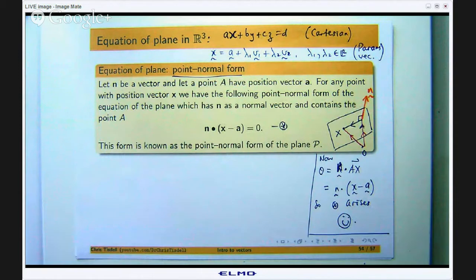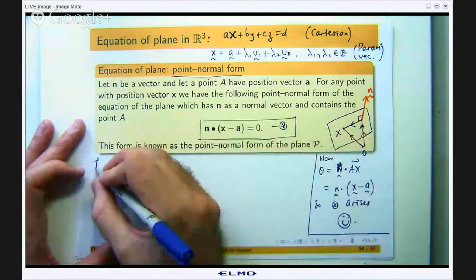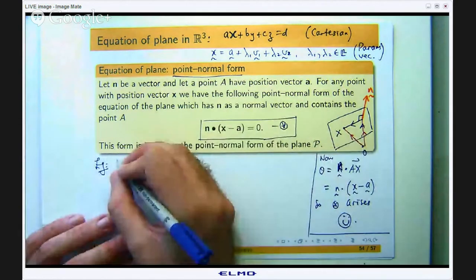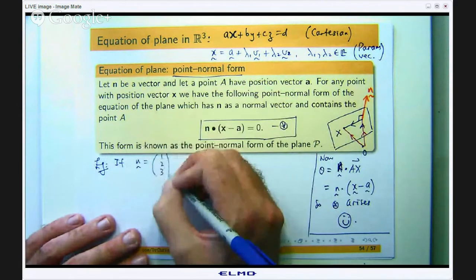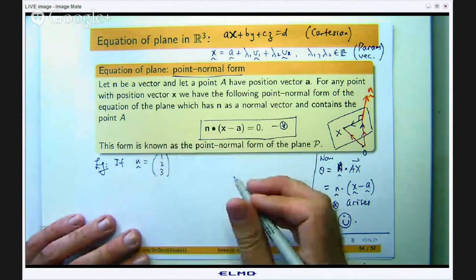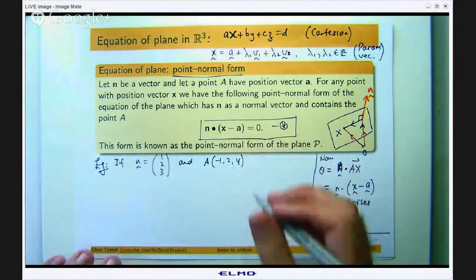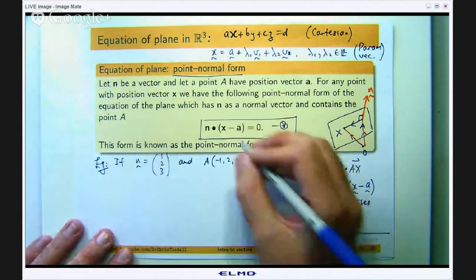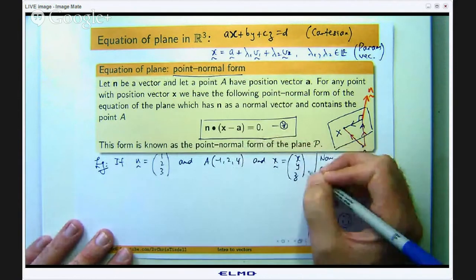All right. Well, let me give you a quick example of this Point-Normal form. And I'll do a more structured example in a minute. But let's say the normal vector is, say, the vector 1, 2, 3, and say A is the point -1, 2, 4, a point on the plane, and the notation that we use for this vector in, say, three-dimensional space is just the column vector x, y, z.